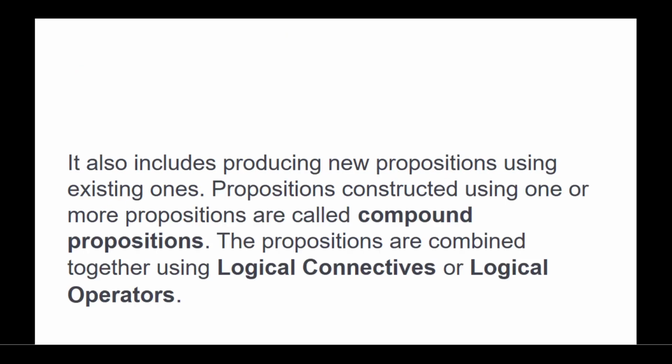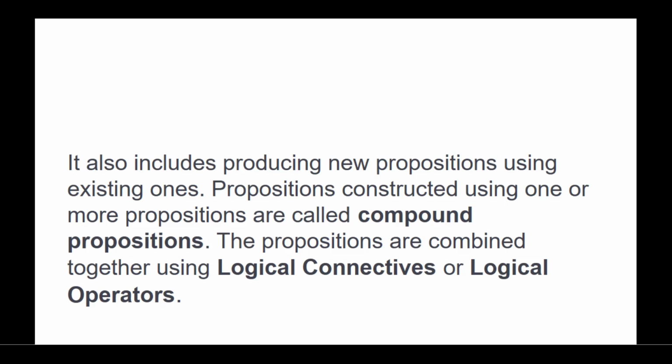It also includes producing new propositions using existing ones. If you combine two propositions, two statements, then we call them compound propositions. For example, 5 is an odd number and 10 is an even number.